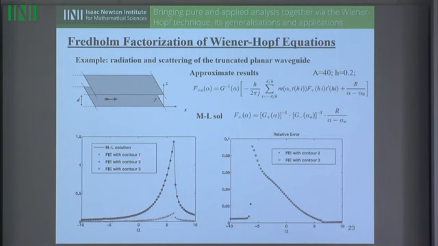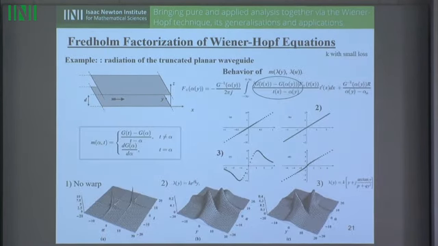Then if we perform the solution using contour 1, that is without contour warping, you get this, so not good. But if you make contour warping, you have the star and the circle here. I recall what this kind of contour warping is. This is contour 1, the real axis.